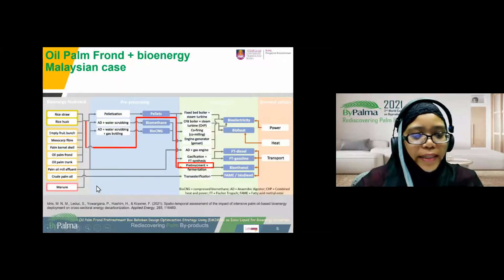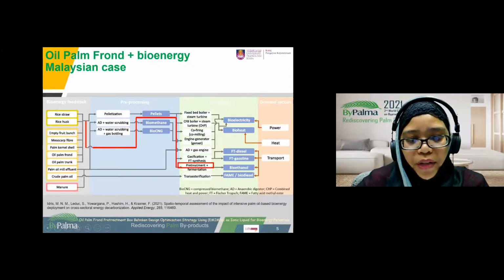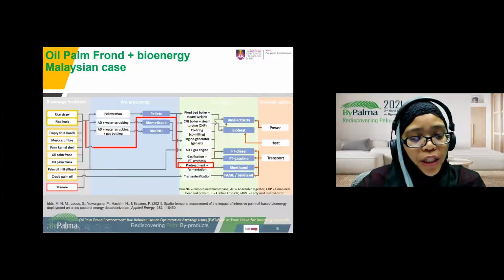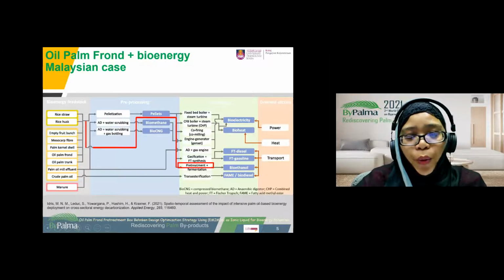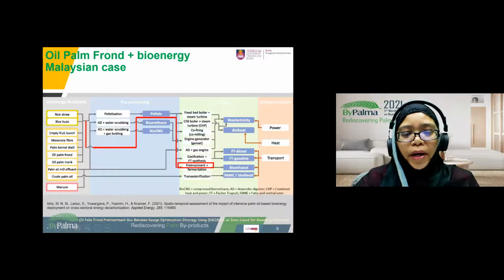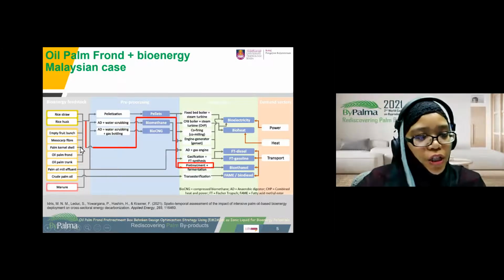For the Malaysian case, Idris and other co-authors in 2021, in their paper on the assessment of the impact of intensive palm oil based bioenergy deployment, showed different demanding sectors in Malaysia, coming from the sectors of power, heat and transportation. And you could also again see the various types of feedstocks for the bioenergy.